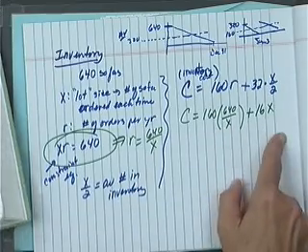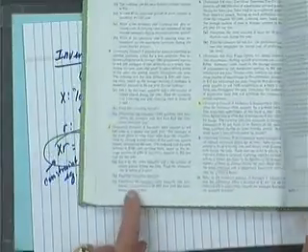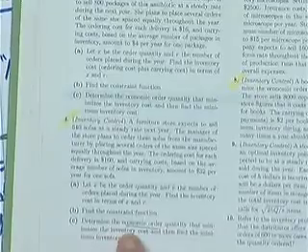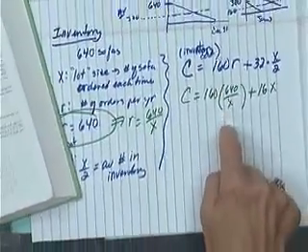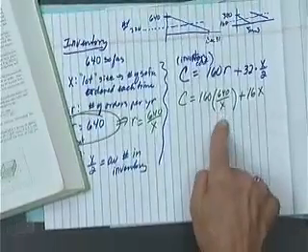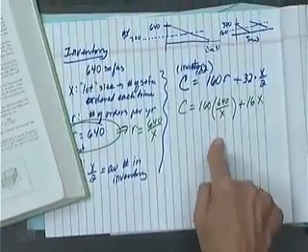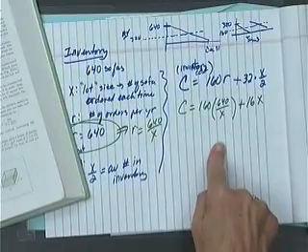Am I solving the cost function for X? What does the problem say I need to do to this cost function? Minimize the inventory cost. This is the cost function. How do I find the minimum? Take the derivative, set it equal to 0, and solve, right?